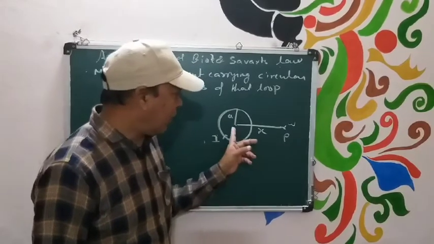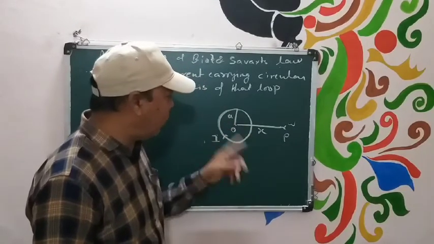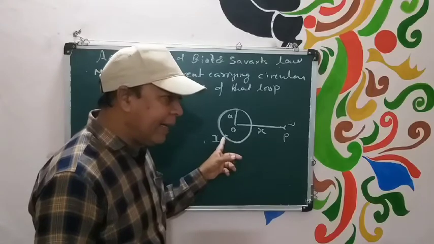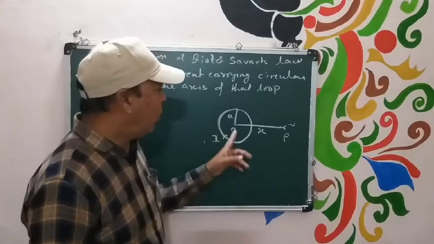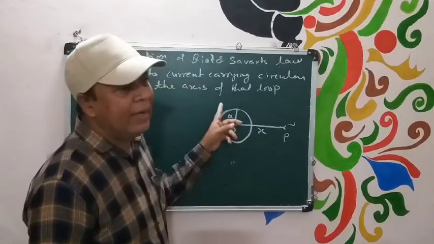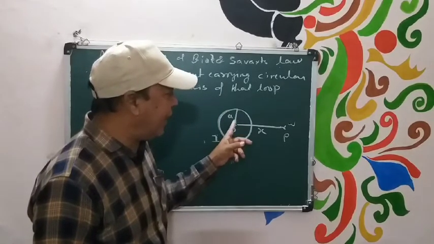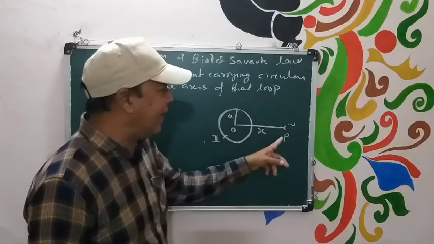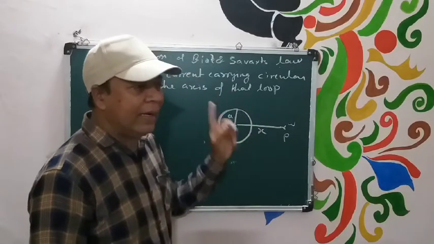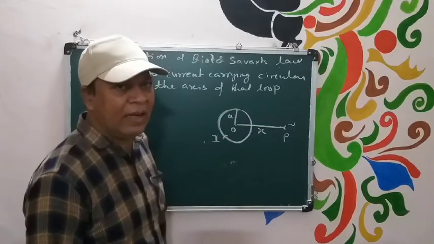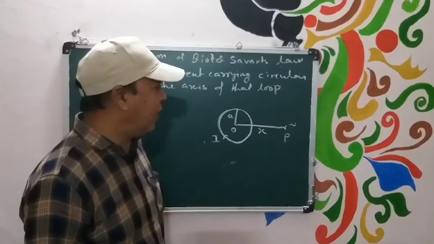So what I have taken? I have taken one circular loop. I current is flowing through this loop. O is its center. A is its radius. And our aim is to find magnetic field at any point P, that is x distance away from the loop.